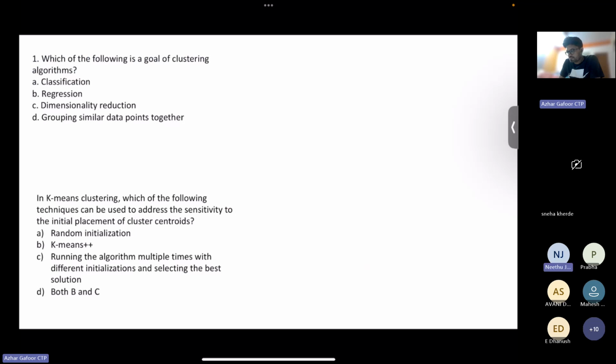First one, D, grouping similar data points together. Yeah, no, C or D. Yeah, D is the correct answer. And second one.